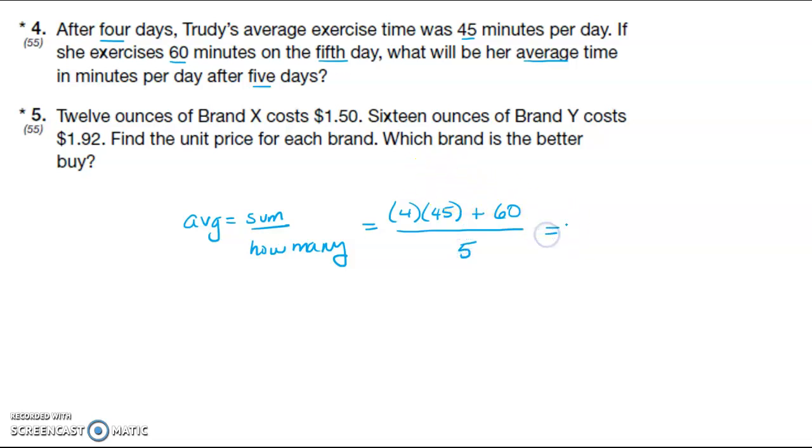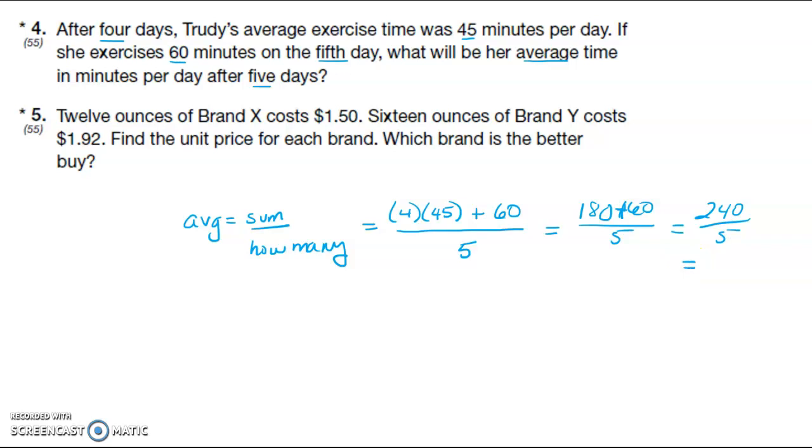Okay, so let's see. 4 times 45 is, I lost my pointer. Here we go. 180 plus 60. That's a plus. Okay, over 5 plus 60 is 240 over 5.